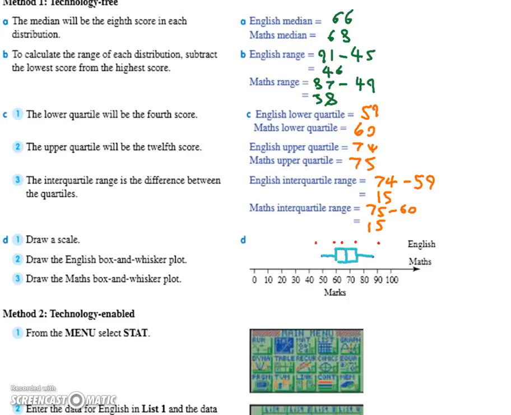Now the scale they used isn't the greatest because they've got 0, 10, 20, 30 and 40 where we didn't actually use them. So you could have made it a lot more spread out. Okay, same with the English one. Join the first 2 and the last 2 and then draw a box. Now your box should have the line going halfway through it, in the middle of it. Everyone happy with that? It's all right.